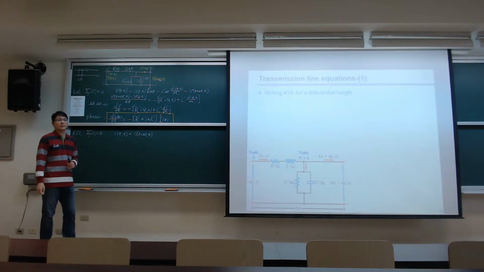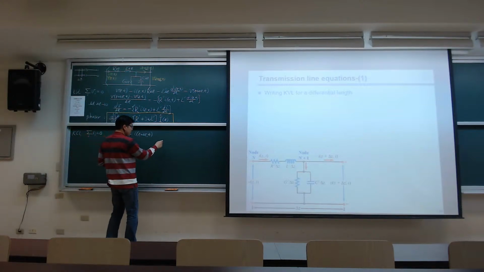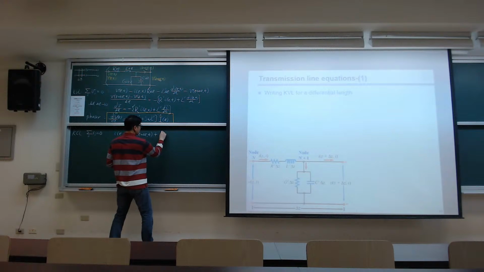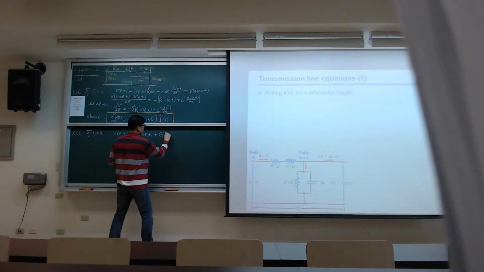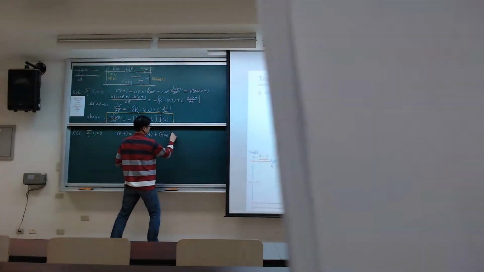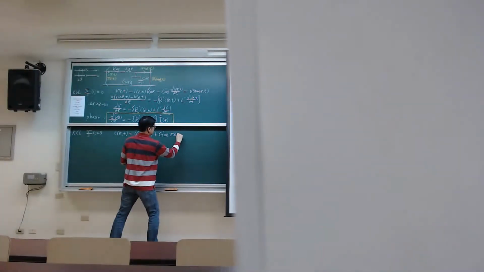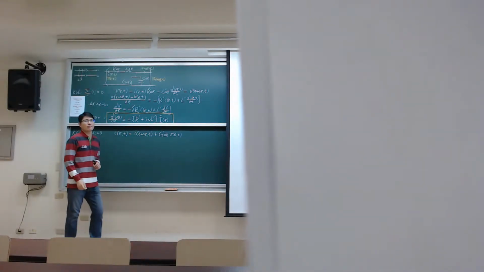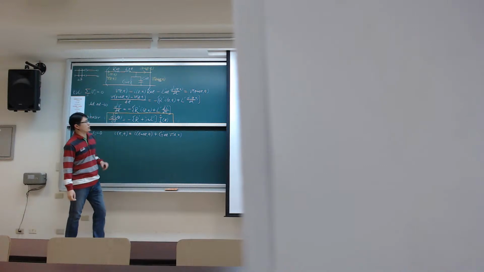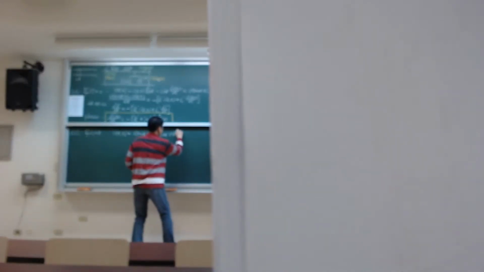Okay. I also have another current branch, which is leakage current. Z.